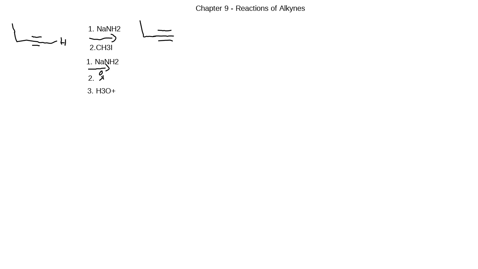So I'll show the first step. The first step is where we get rid of the hydrogen and form a negative charge. And then obviously the next step is when that methyl group attaches on. Okay, so this is very useful whenever we need to add extra carbons.